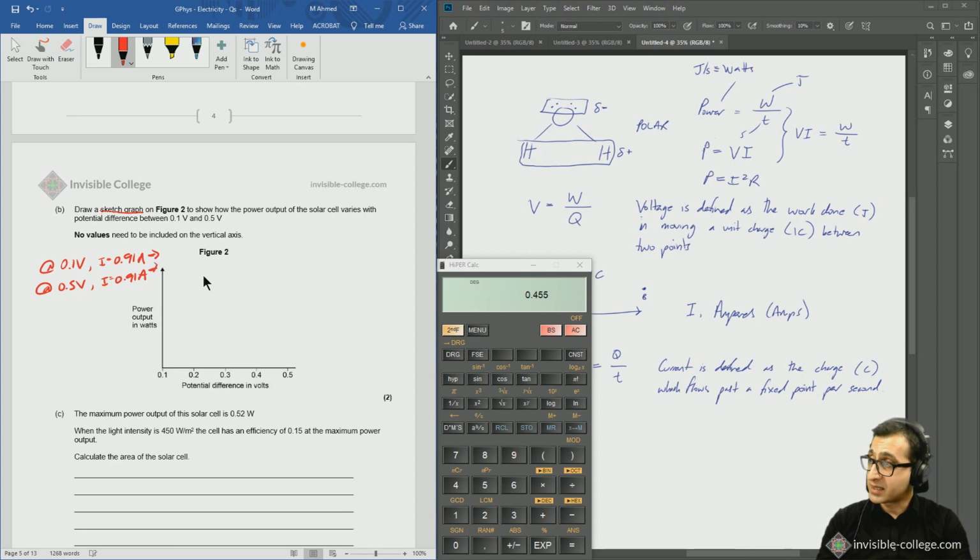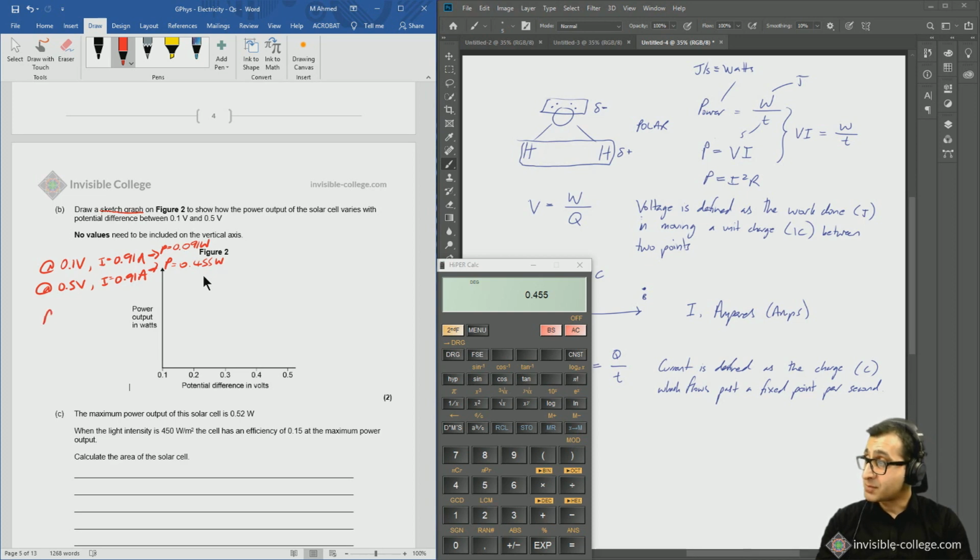We calculated that at 0.5 volts, the power was 0.455 watts, by multiplying the volts times the amps. If we do that at 0.1, the power will actually be less. It's going to be 0.1 times 0.91, so the power is going to be 0.091 watts. It's much lower than at this point.